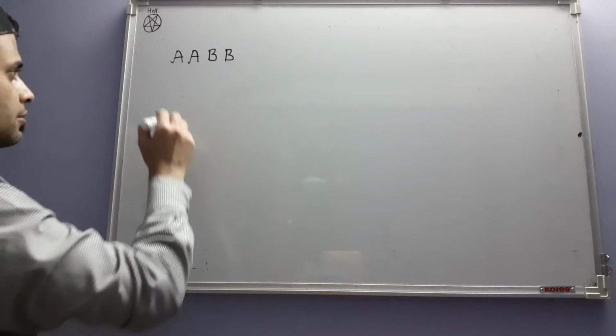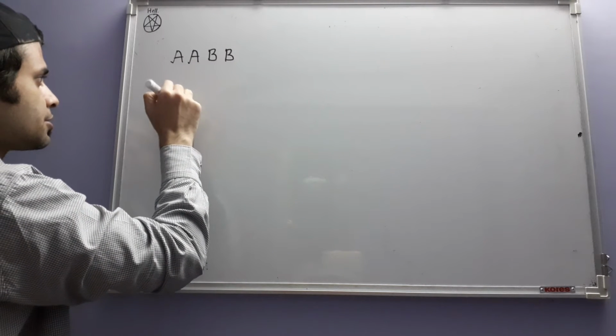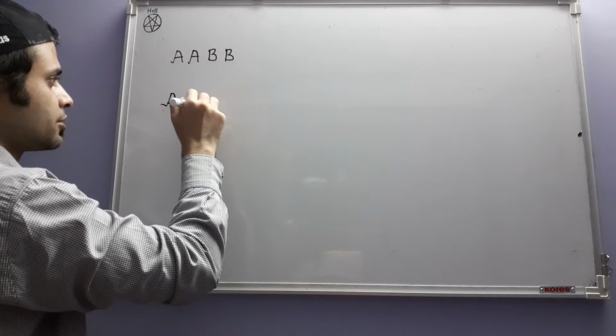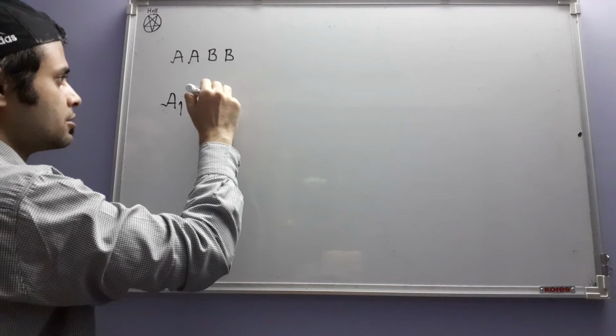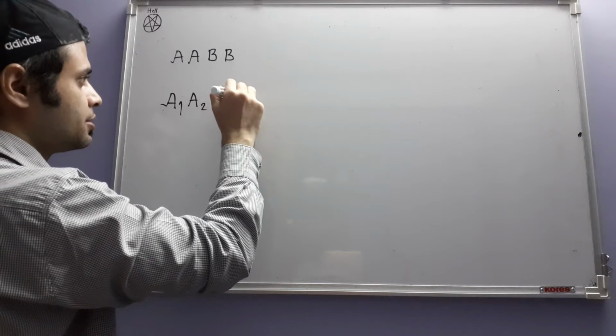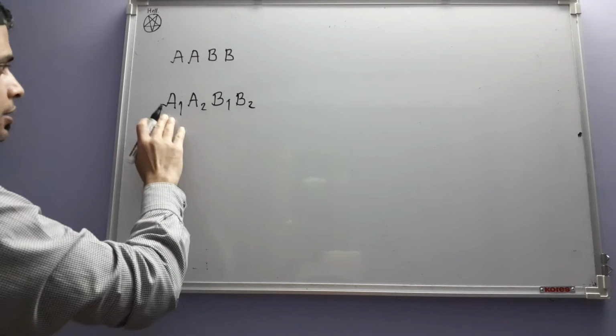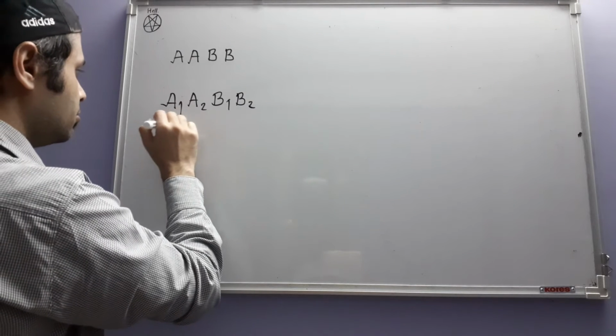In the same way, if I list the permutations distinguishing between these things, treating them as distinct objects, then what are the possibilities I get? A1, A2, B1, B2.